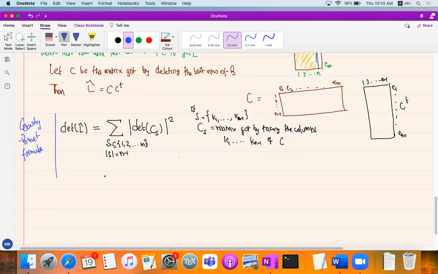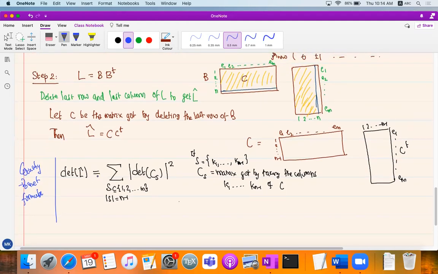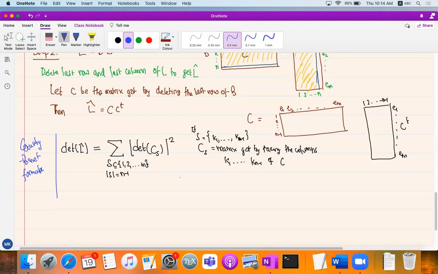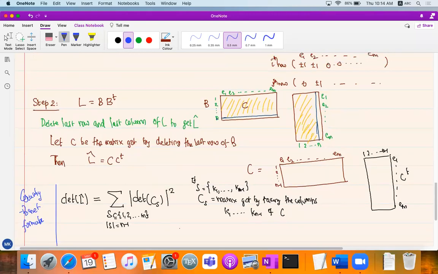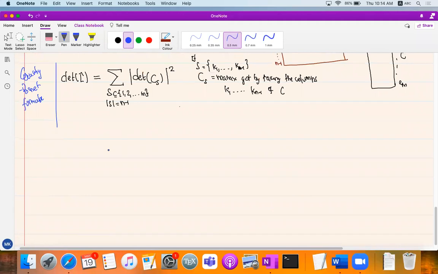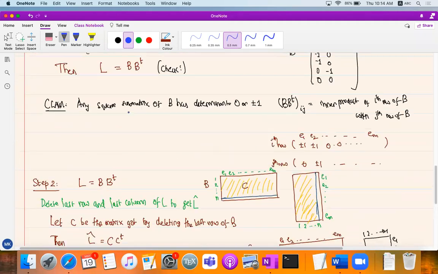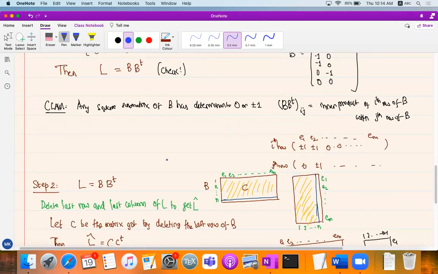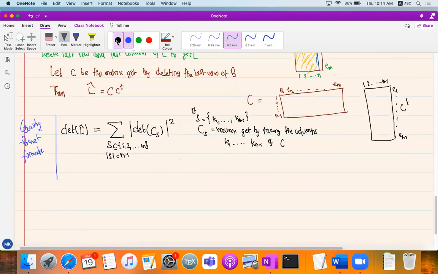But this is important because now we can talk about it. So now what happens? Each of these CS is a submatrix of B, right? Every square submatrix of B has determinant 0 or 1 or -1, by the claim above.